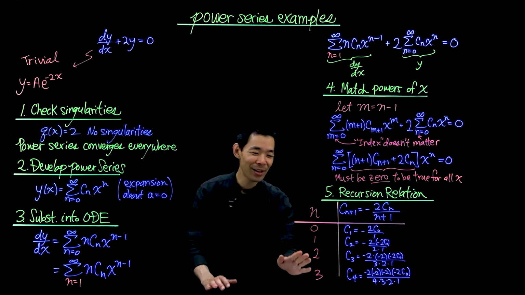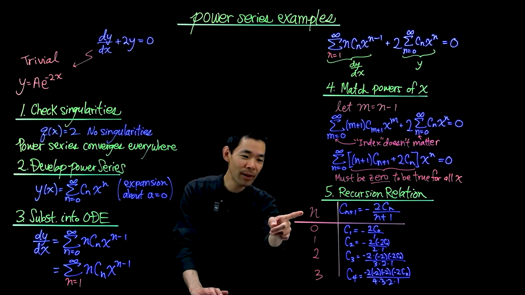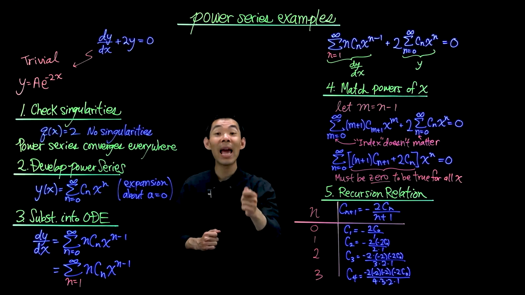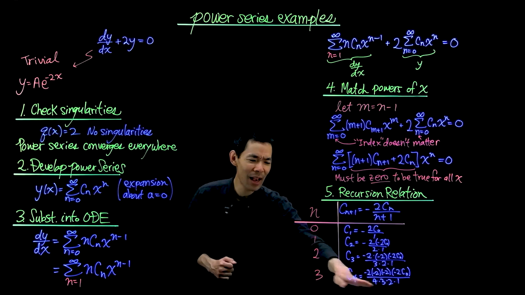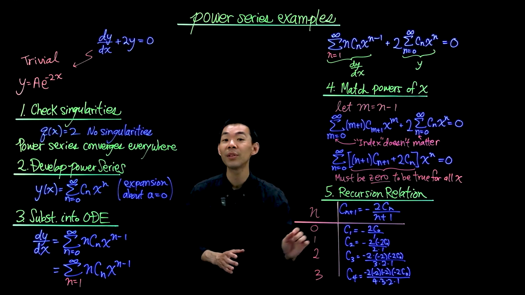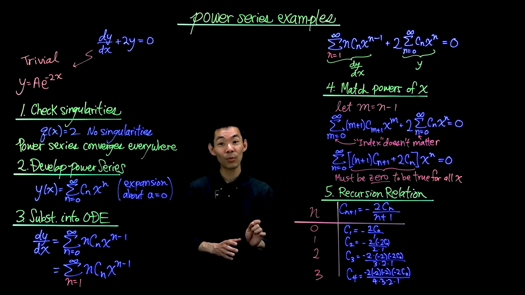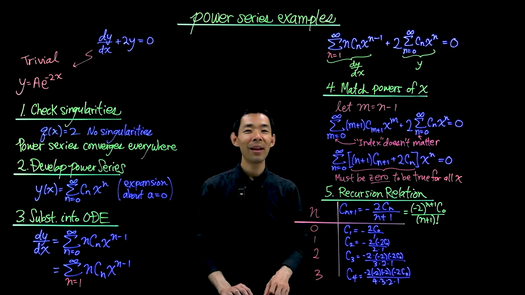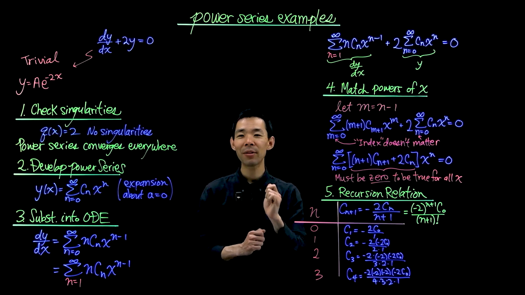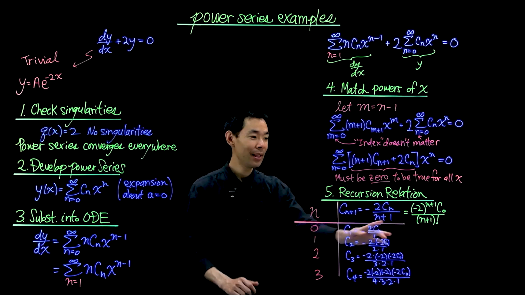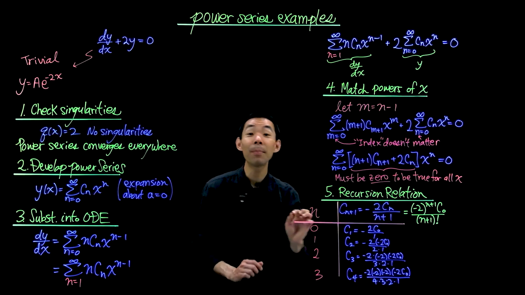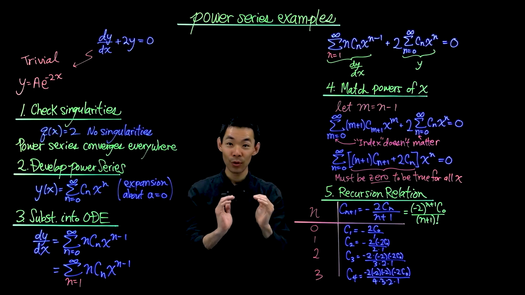So there's a compact way to write this for an arbitrary value of n. So if I give you an n, you can kind of tell what that coefficient will look like as a function of c0. So let's write that down. It looks something like this. So if I give you a particular index n, then we're going to need 1, 2, 3, 4, n plus 1 of negative 2's.